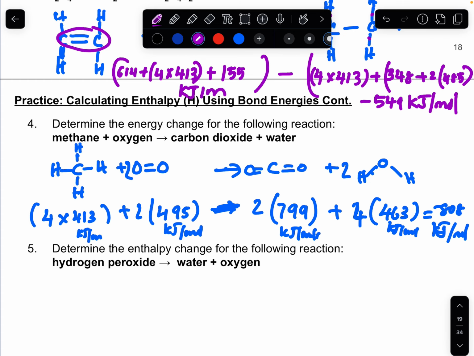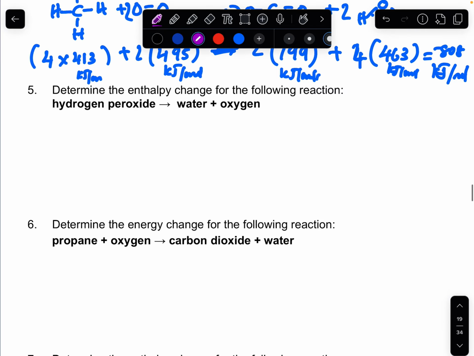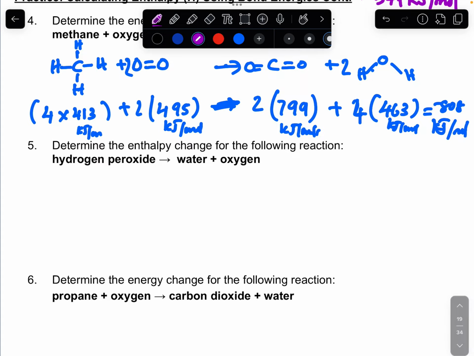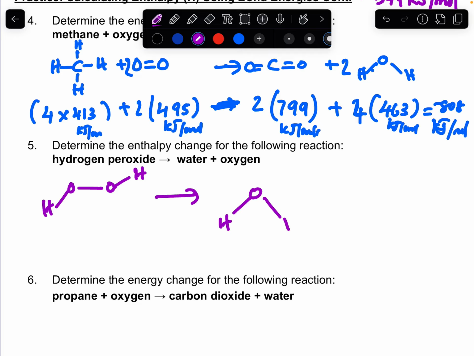Okay, so these are the strategies we are going to use. I'm going to give you the structure because that will be the difficult part for you as of now. Then the calculation you have to do by yourself for the rest of the questions. So hydrogen peroxide is H2O2, giving water, you know the structure for water, and oxygen, and you have to balance the equation also. There are 2 oxygens here, and 3 oxygens on the right side.